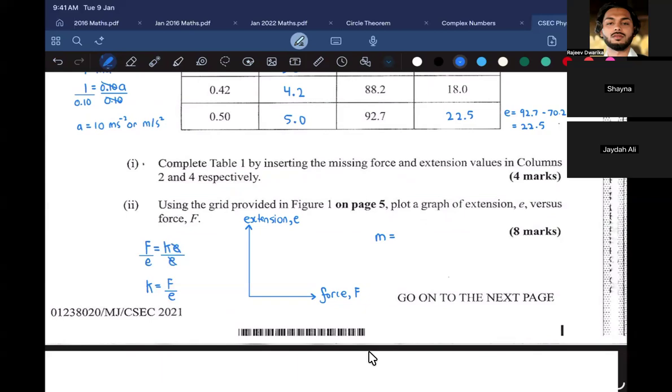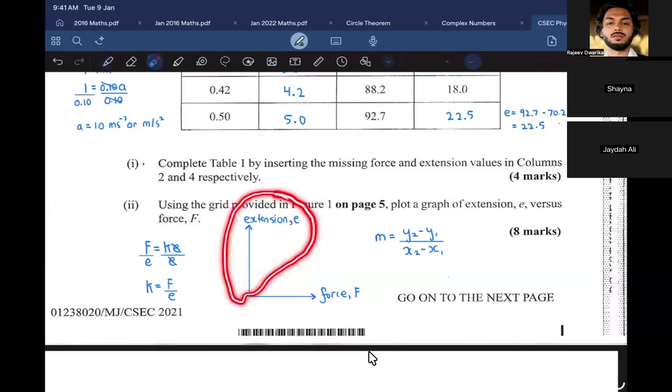Yes, I do. Okay. And remember in yesterday's maths class, I showed you how to find gradients, and how to use that in physics. The formula for gradient is y2 minus y1 all over x2 minus x1. Does that ring a bell? Yes, it does. In this graph, what is on the y-axis?